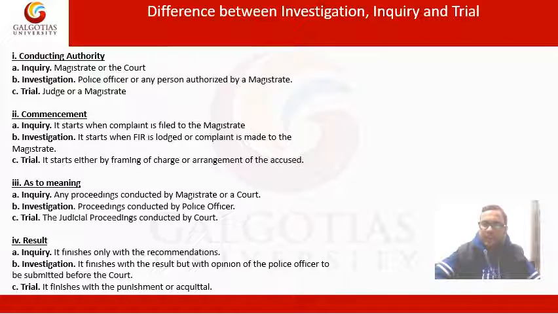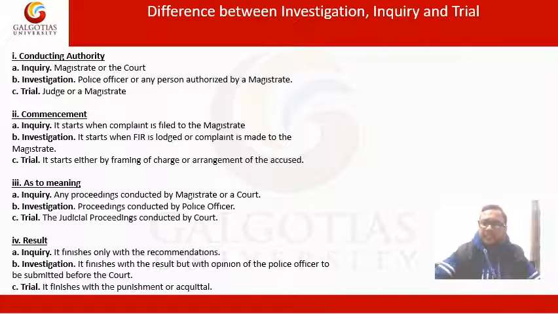So the final result of investigation is a police report. This can be a positive police report where the police officer says that the accused is guilty, or it can be a negative police report where the police officer says that the accused is not guilty. And the final result of a trial is either conviction and giving proper punishment or sentence to the accused, or acquittal.